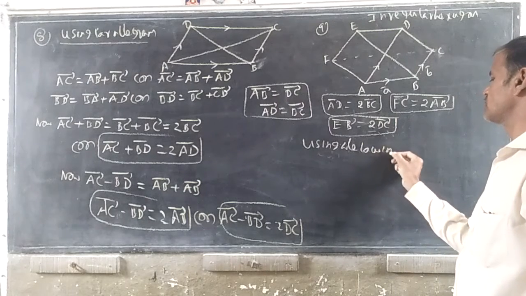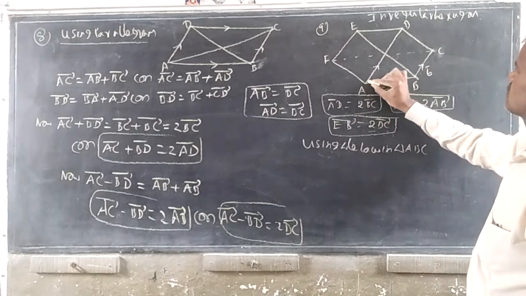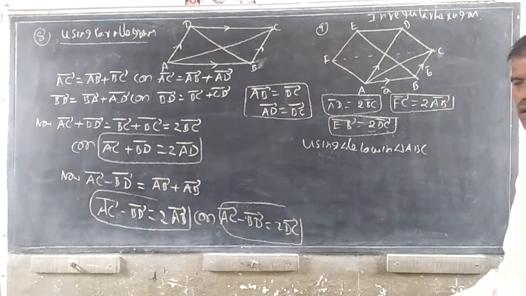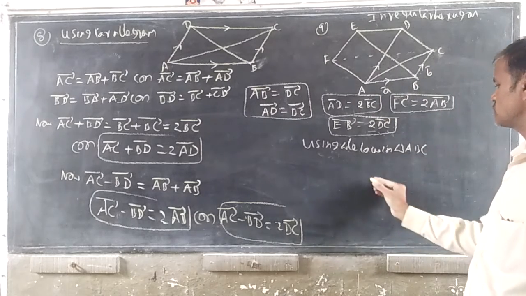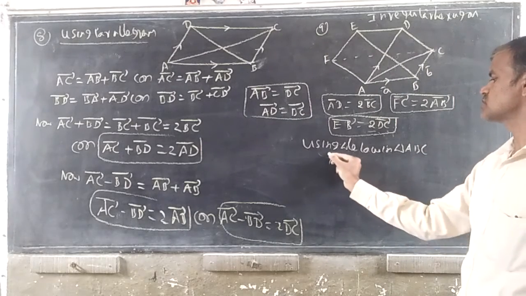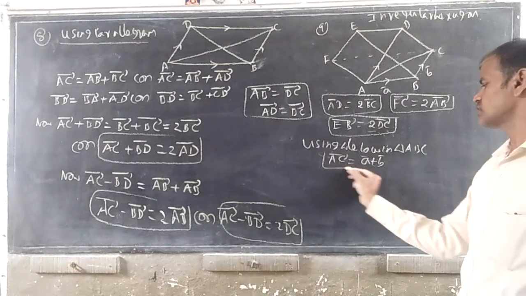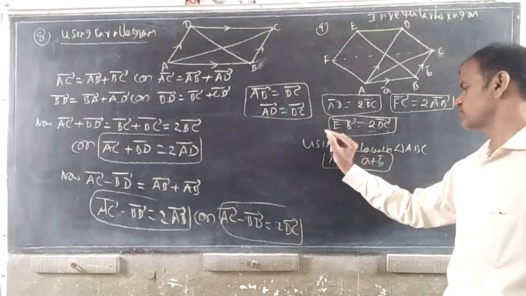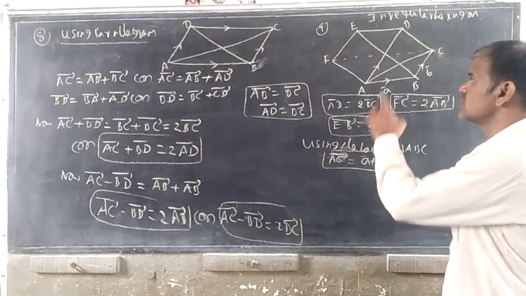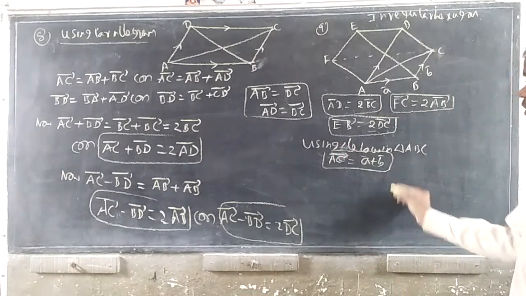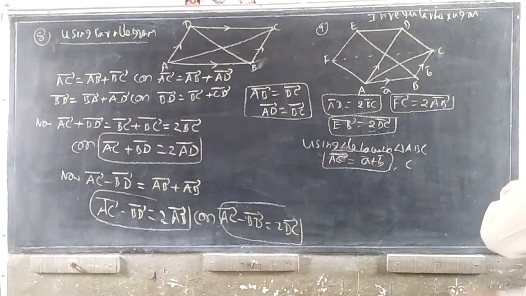law, in triangle ABC. See the question. Triangle ABC. So AC gives AB plus BC. So AC is equal to, I am writing, A bar plus B bar. Now I want to discuss with you that for each and every term we should represent the vectors in terms of A bar and B bar. Now let us discuss CD.